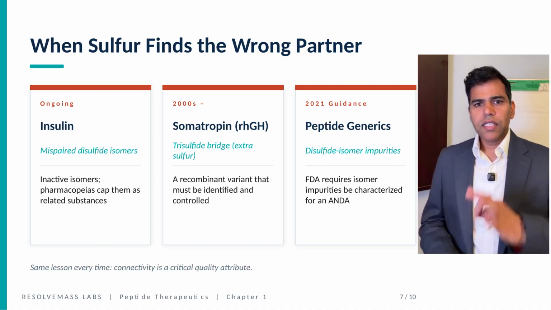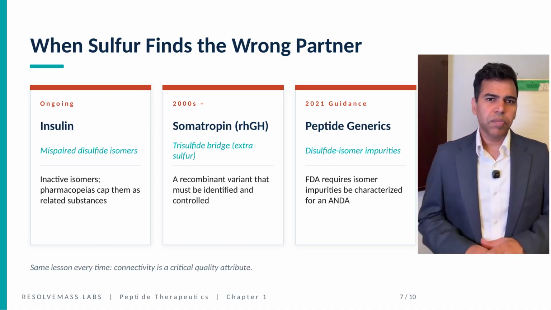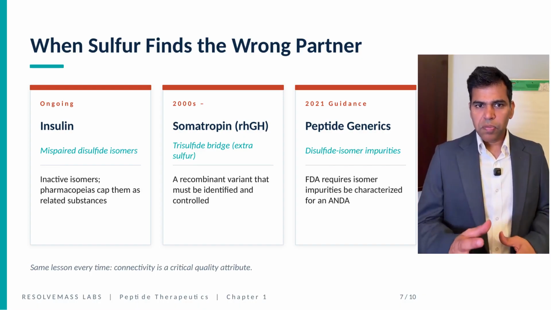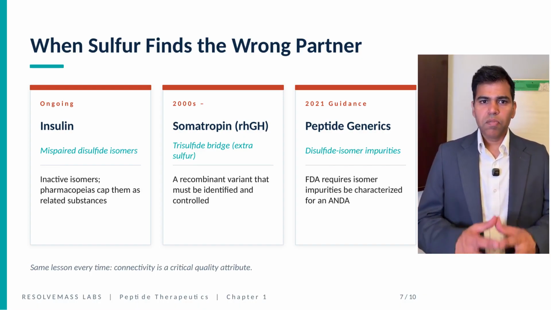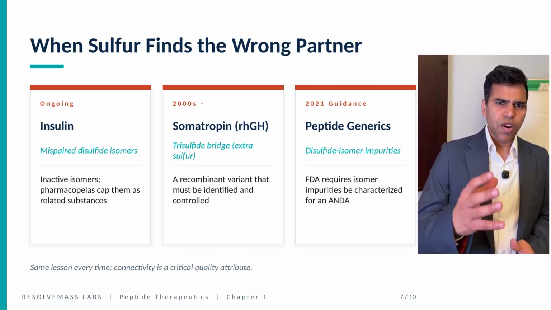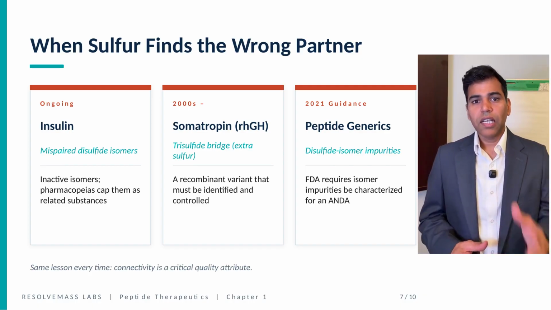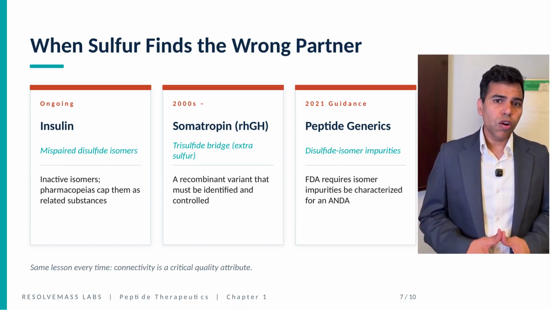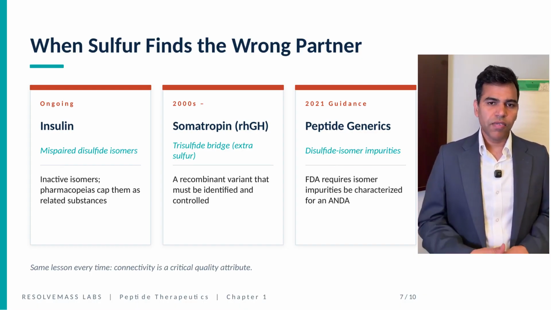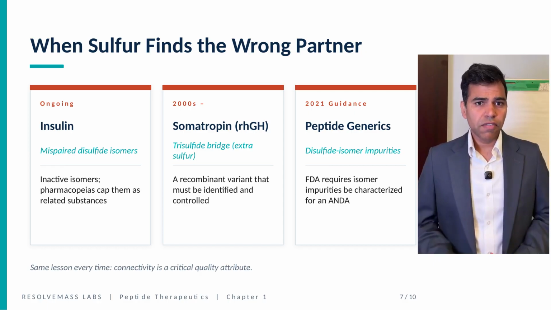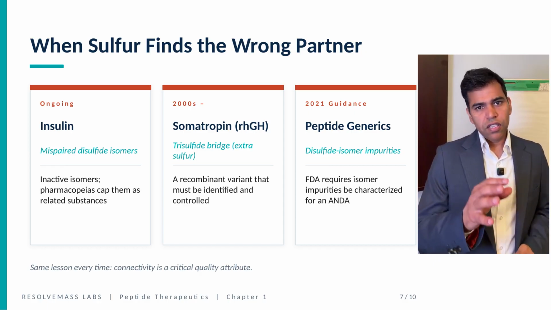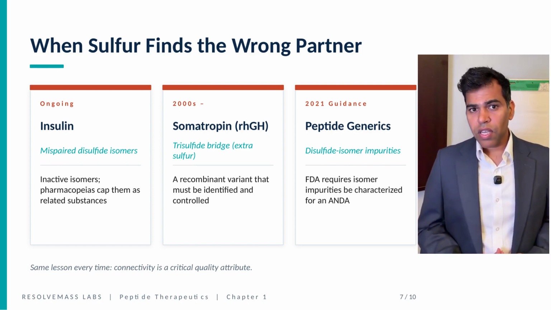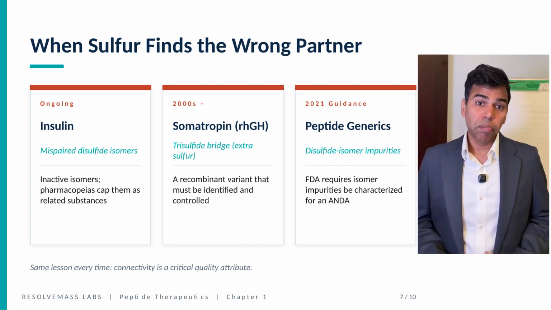Consider 3 real examples every peptide team should know. Insulin again. Mispaired disulfide isomers are biologically inactive, so pharmacopoeias cap them as related substances. Second, recombinant human growth hormone can form a trisulfide variant, an extra sulfur wedged in during expression that has to be identified and controlled. And third, synthetic peptide generics.